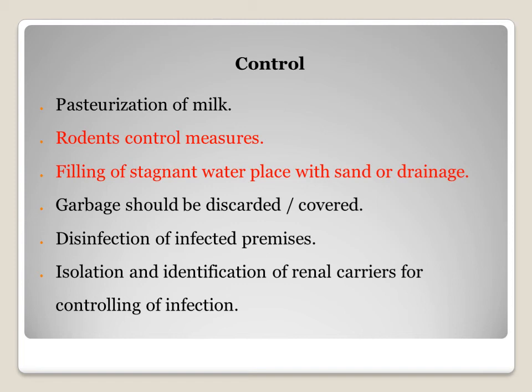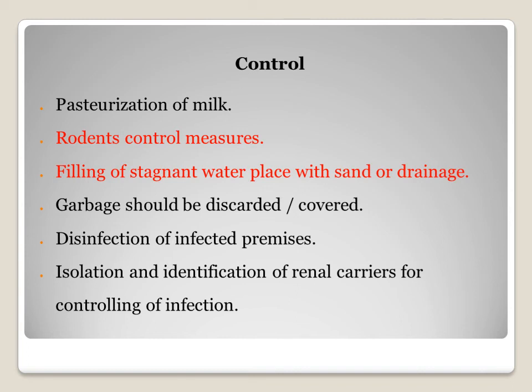They eat the feed and they urinate on it, and the urine of the rodent contains bacteria if it is infected. This is how our domestic animals get infection from rodents. So rodent control is a very important step in control of leptospirosis.